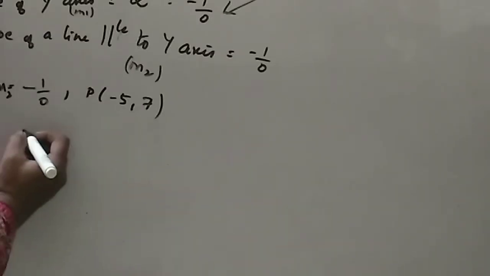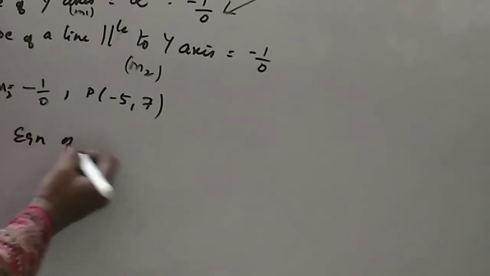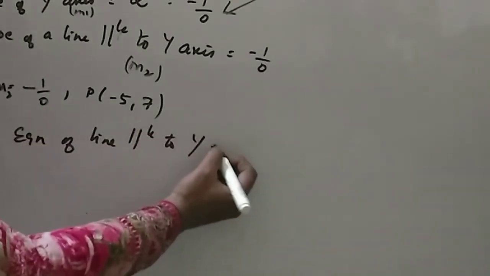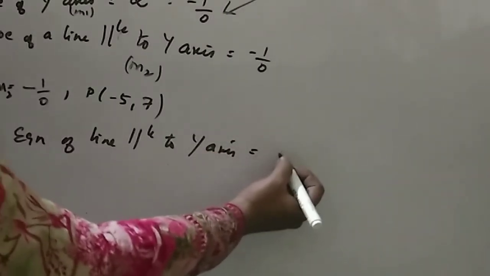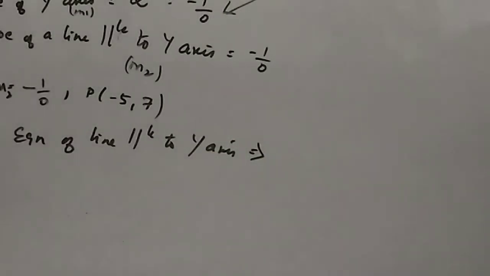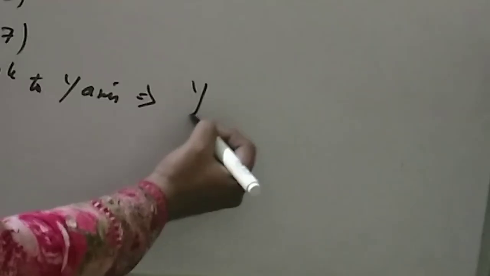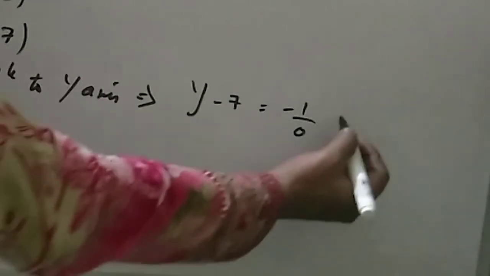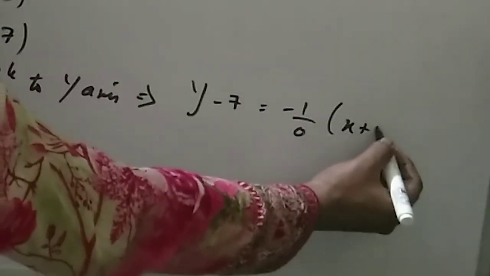Now you have to find the equation. The equation of a line parallel to the y-axis is y minus 7 is equal to minus 1 upon 0 into x plus 5.